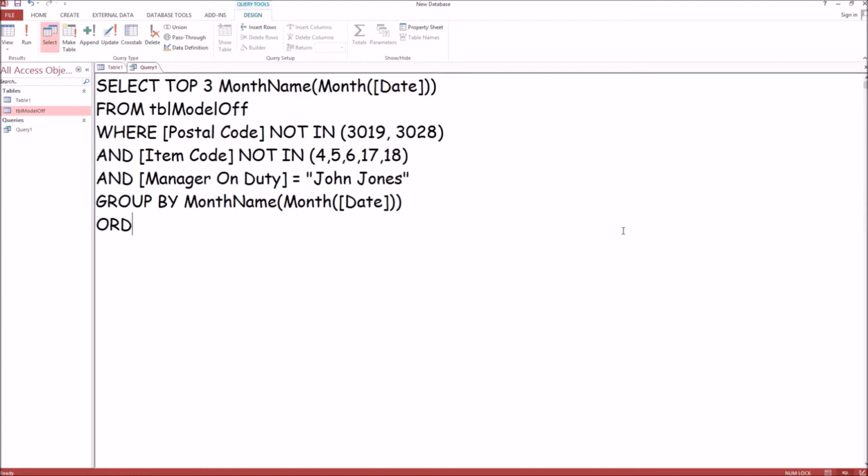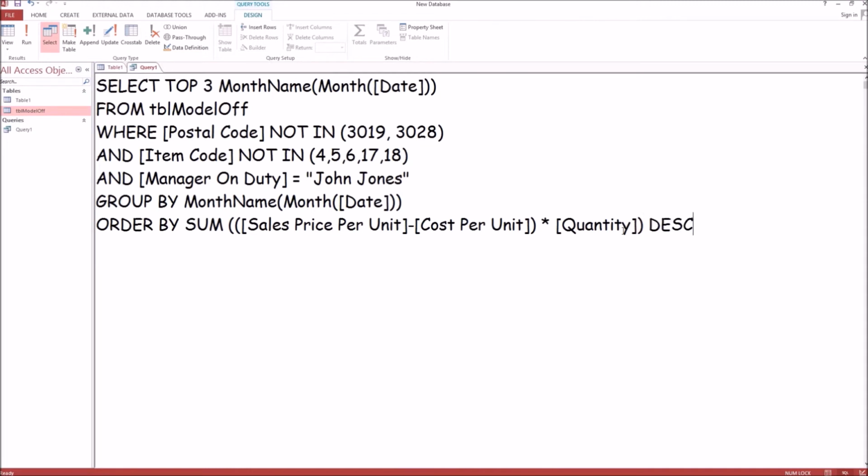And we need to order by our profit. So let's recreate our profit. Sum sales price per unit minus cost per unit, close parentheses, times quantity, descending order.